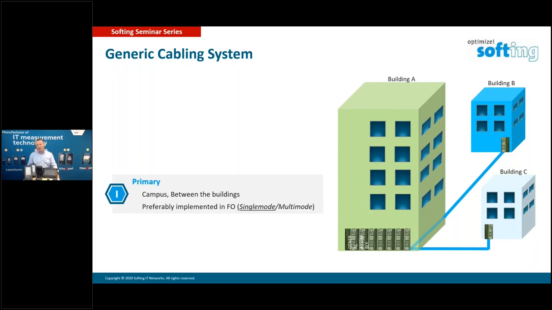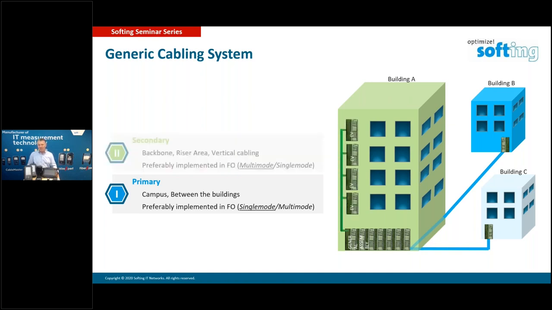I can use multi-mode cable as well, but the preferred cabling should be fiber optic in this case. Then we have the riser area, the backbone structure, which should also preferably be fiber optic cables in the building. You can use preferably multi-mode cables. You can also use single mode cables.